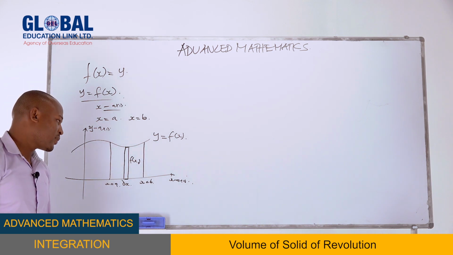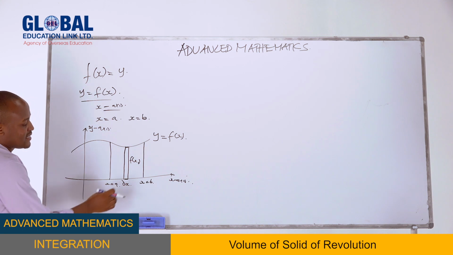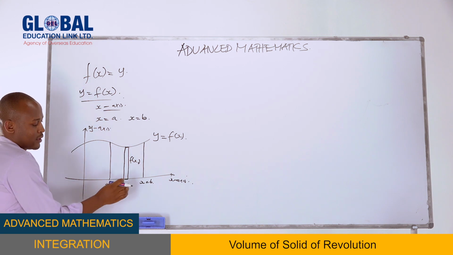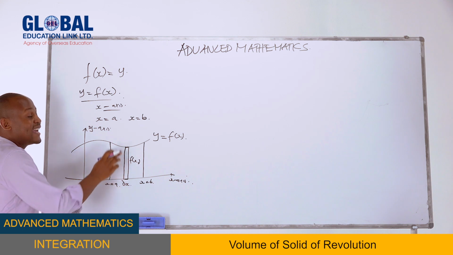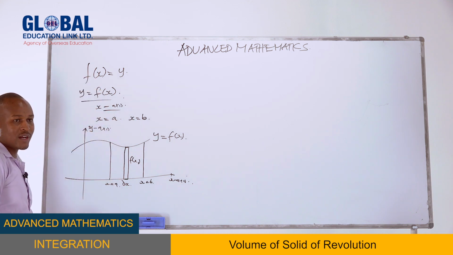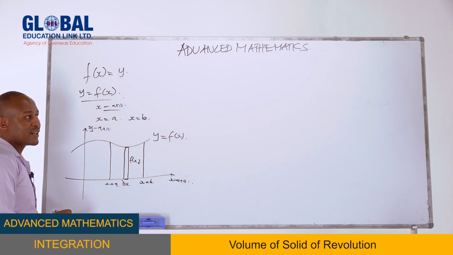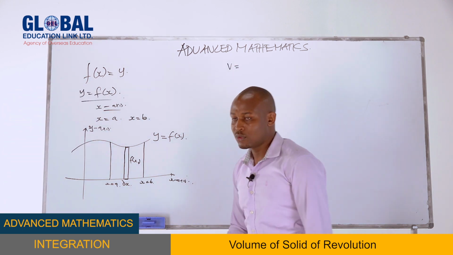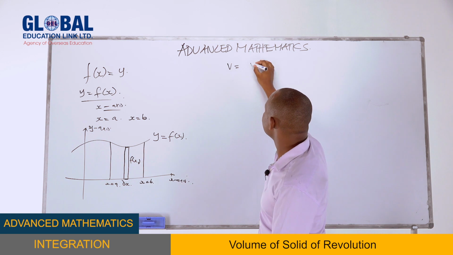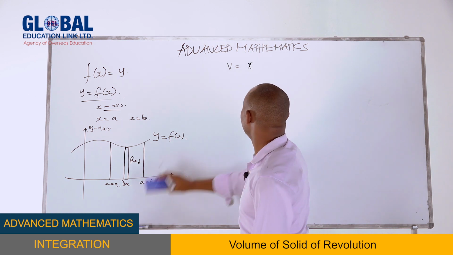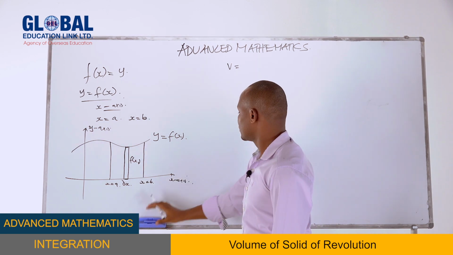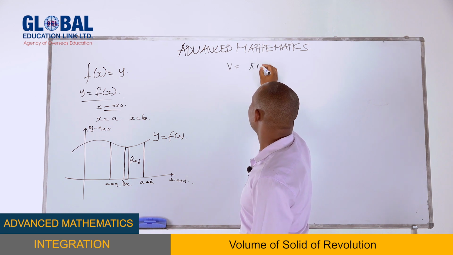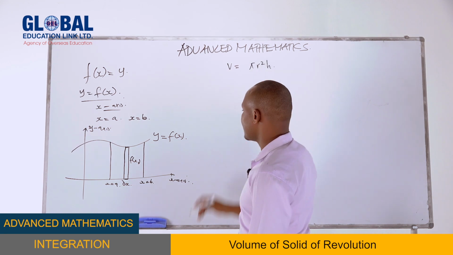Now, how are we going to find the volume of that rectangle as it is rotated about the x-axis? We know that the formula to find the volume of something like that is pi r square times h.